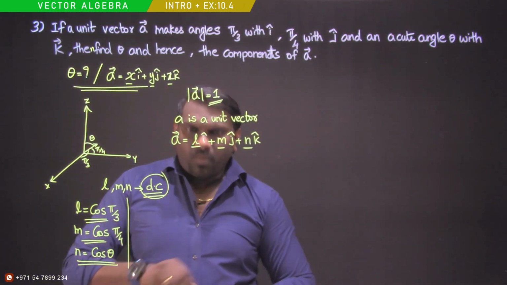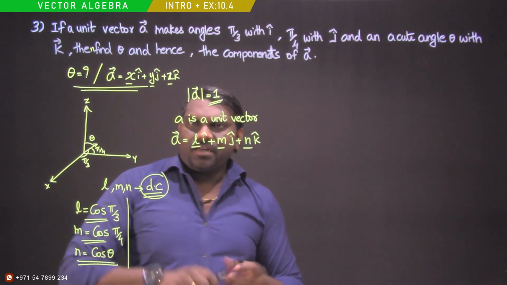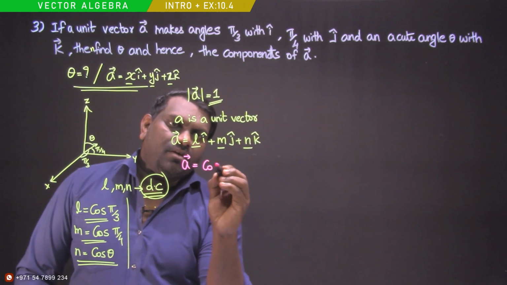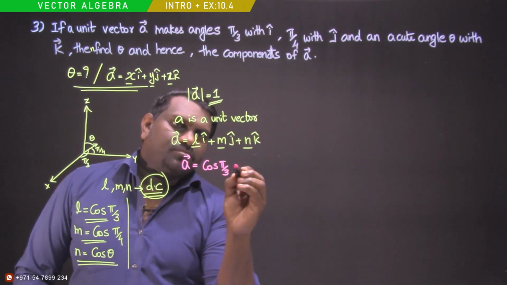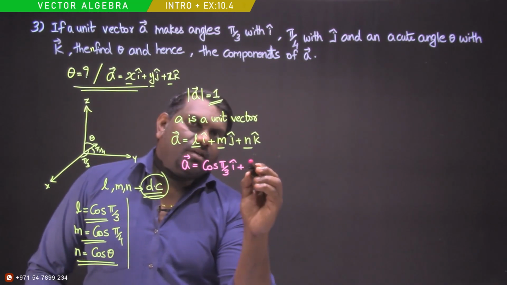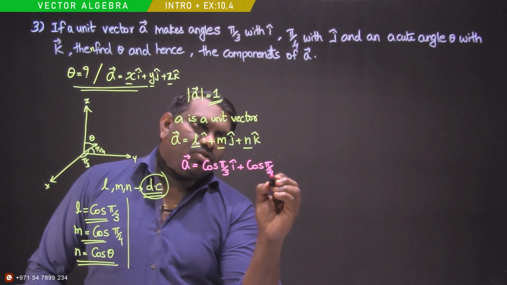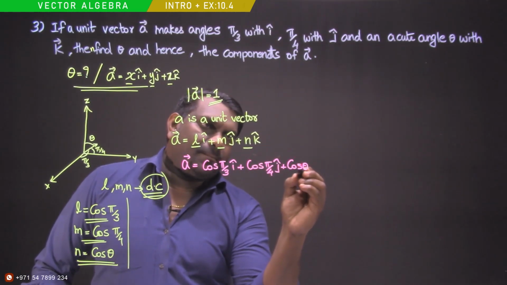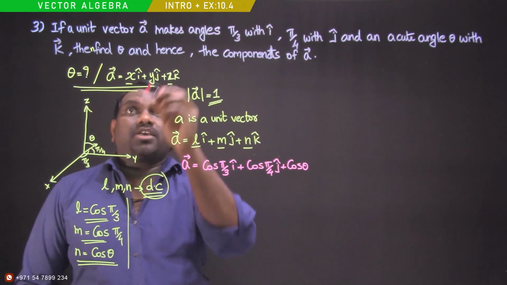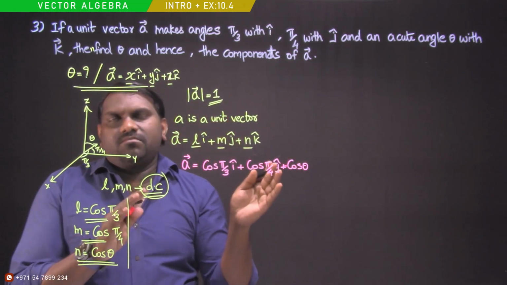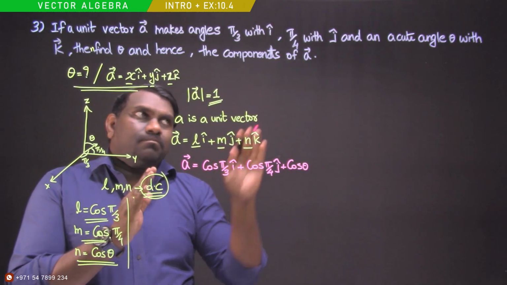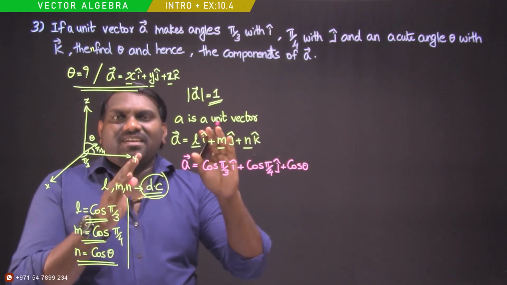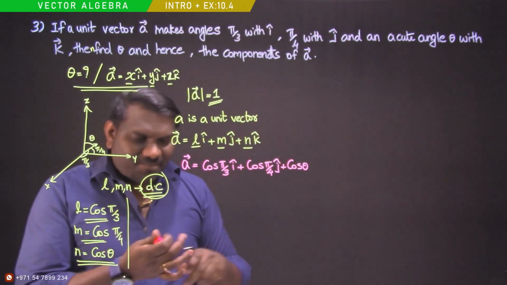So if it is so, what can I write? I can write that A is cos pi by 3 i cap plus cos pi by 4 j cap plus cos theta k cap, because theta I do not know. It is said that this is an acute angle, that is, less than 90 degrees.